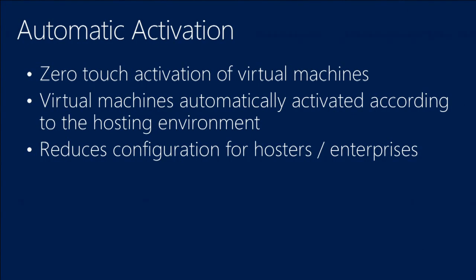Now with 2003 R2, I believe what we originally said was if you're running Standard Edition, we'll give you 1 virtual machine. If you're running Enterprise, we'll give you 4 virtual machines. And if you're running Data Center, we'll give you unlimited virtual machines.